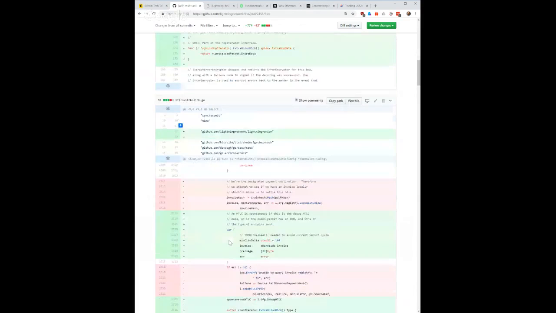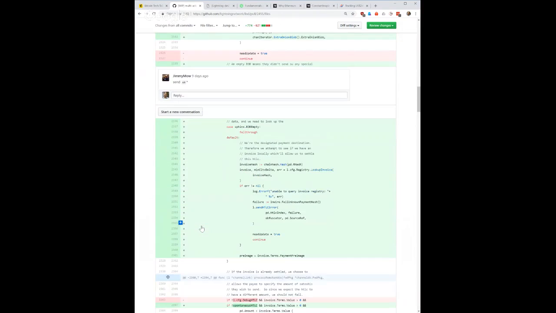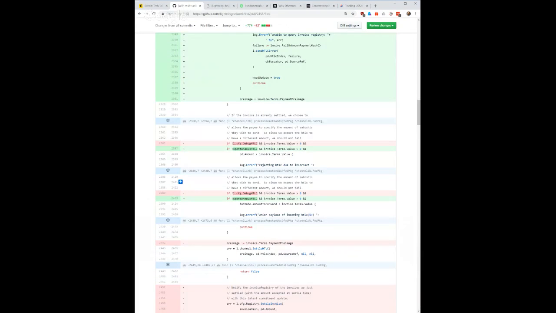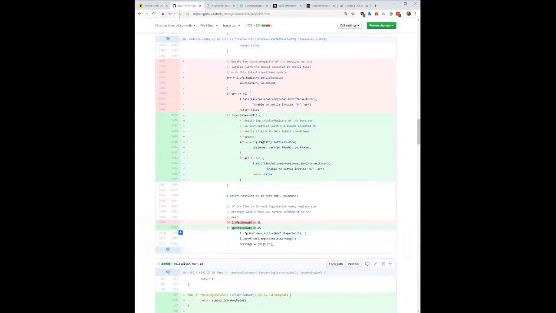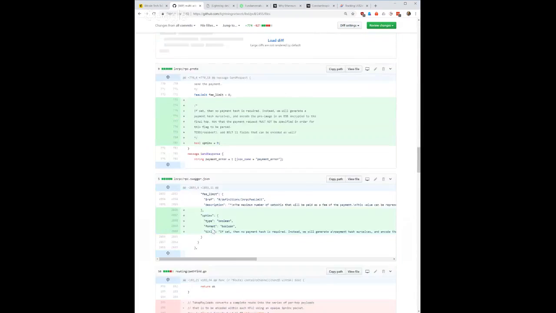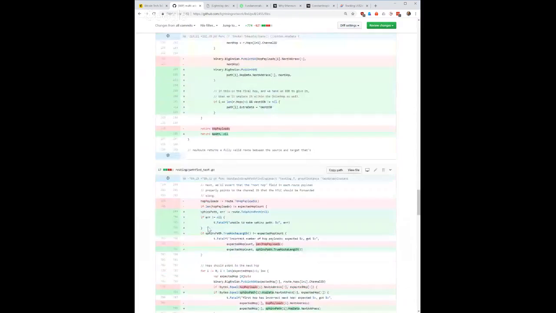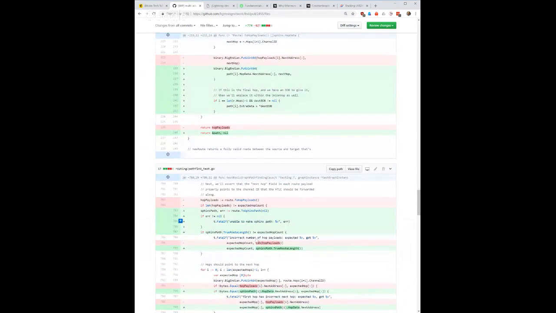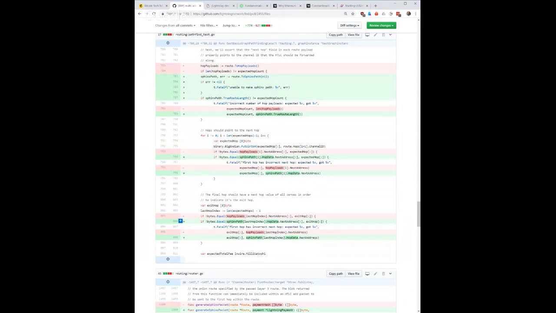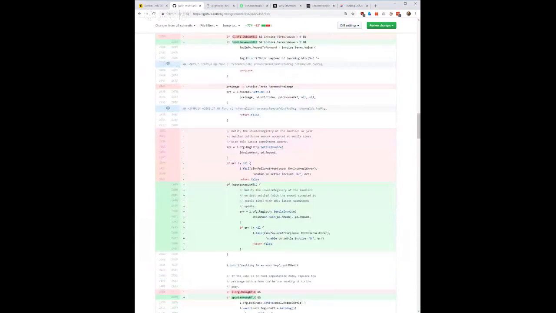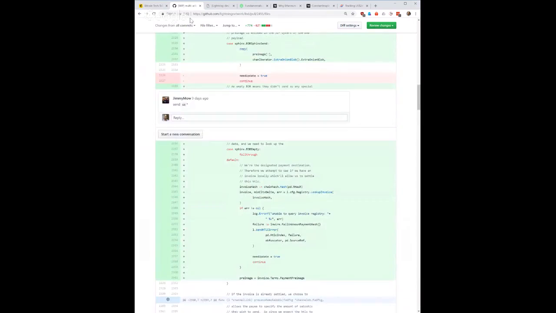It's well commented, especially about the edge cases, because they're always in there. It's usually well tested. Look at the additional tests that are written here and things like that. It's just pleasant to read if you don't like reading some of these other languages. Anyway, please take a look if you are interested in Lightning and invoiceless payments.